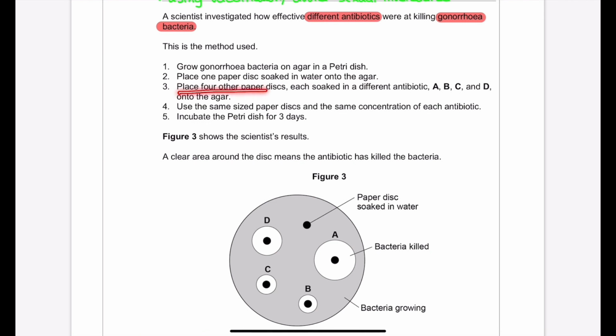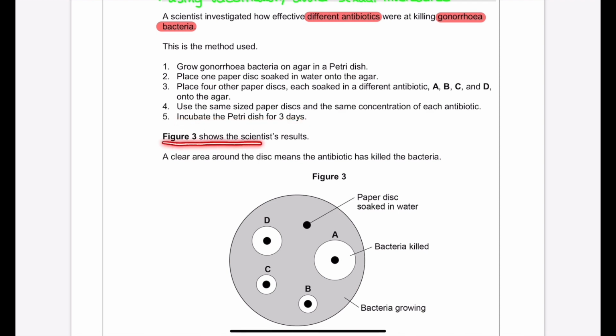Place four other paper discs, each soaked in a different antibiotic A, B, C, and D, onto the agar. Use the same size paper disc and the same concentration of each antibiotic. Incubate the petri dish for 3 days.